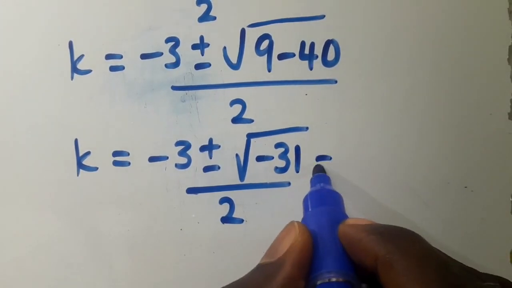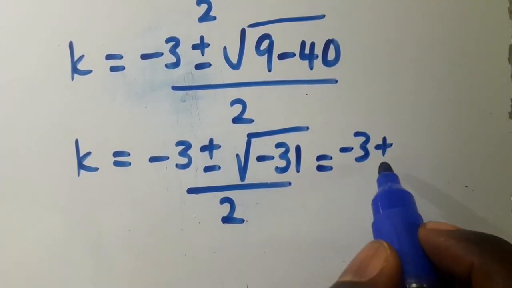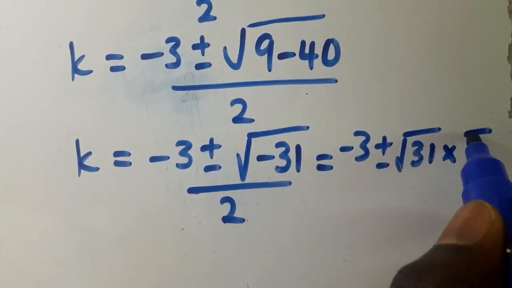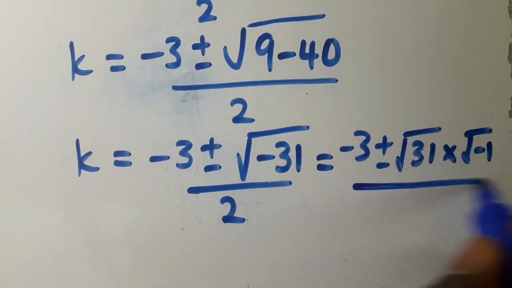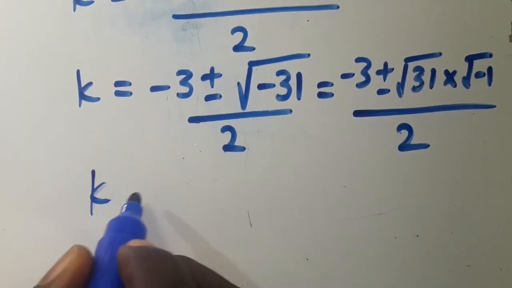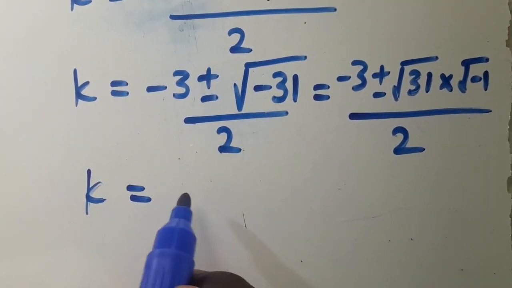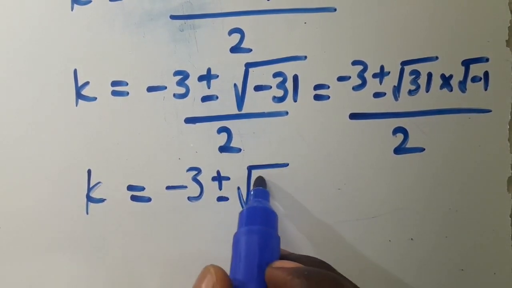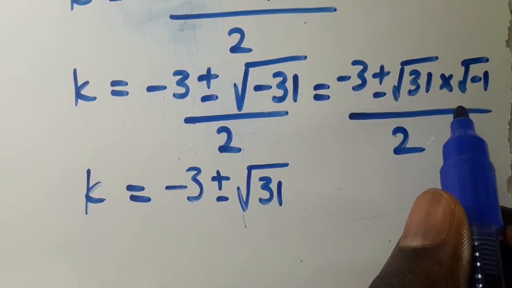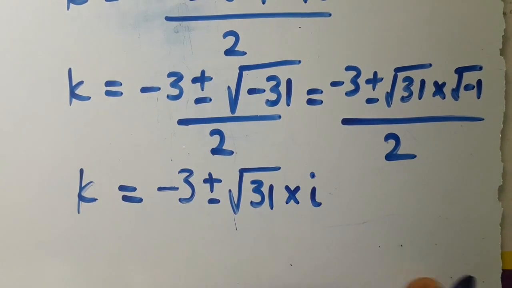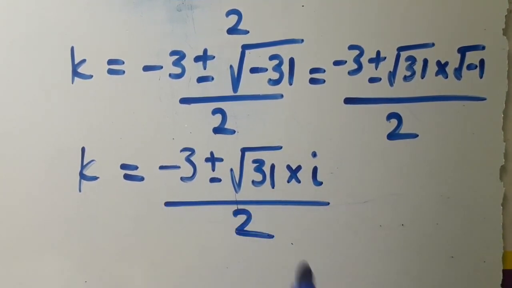We can express this as minus 3, plus or minus the root of 31 multiplied by the root of minus 1, all divided by 2. When you have the root of minus 1 in complex numbers, it equals i, so we have it multiplied by i, then divided by 2.